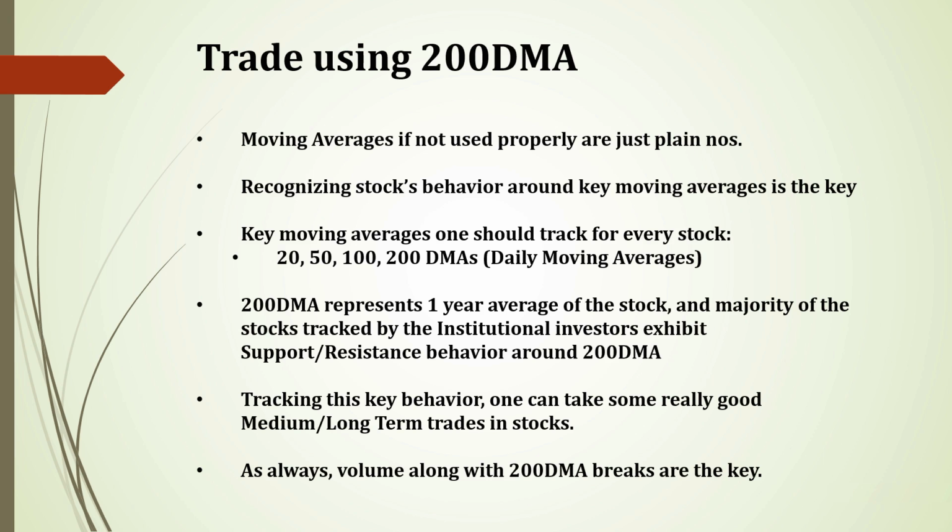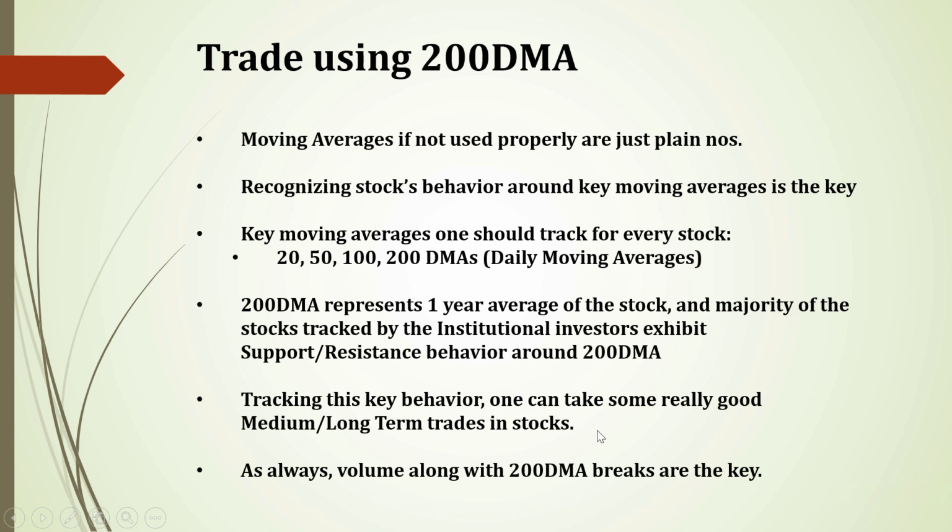If a stock is forming tops or bottoms repeatedly around the 200 DMA line, you should feel happy about it first of all, and then look for buying or selling opportunities whenever 200 DMA is either broken, or even you can take trades when it is taking support, bouncing back after taking support from 200 DMA, or when it has broken beyond 200 DMA at some point of time. So you just should be knowing that this stock has this behavior, right? And that's the only technical skill you need, nothing else.